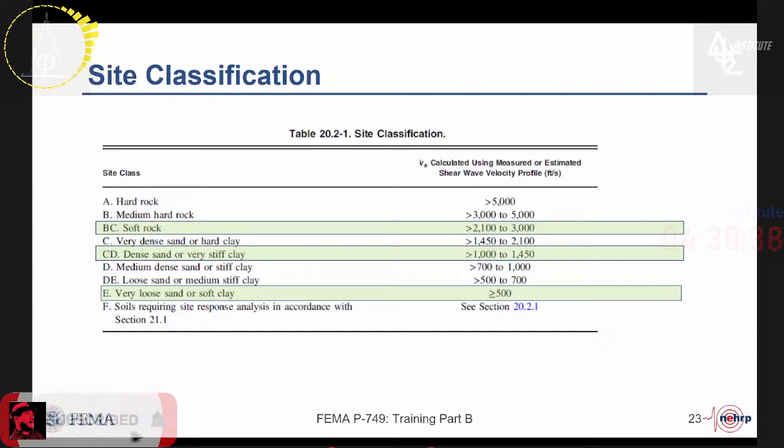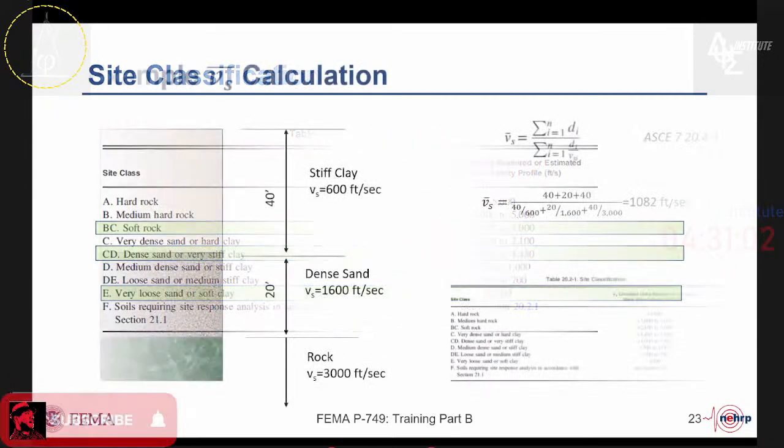The lower green rectangle should have been drawn around DE. These intermediate site classes are provided to allow a transition between the rather abrupt changes in spectral shapes between B and C, C and D, D and E, and to allow us to design more economical structures when we're designing for a site that has intermediate site class characteristics.